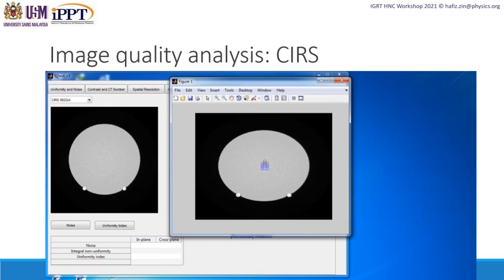So that is one method, and the other method is we select 5 points inside the phantom, as you can see at the center, and also at 4 points in the peripheral, and we get the mean pixel value of each of these points.